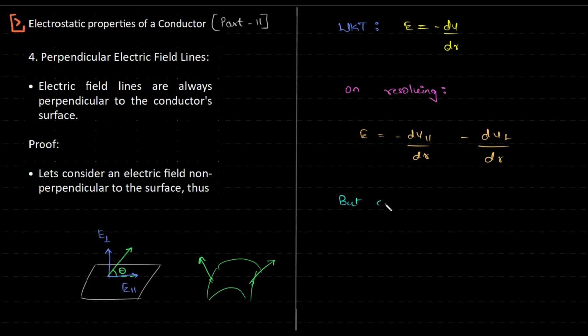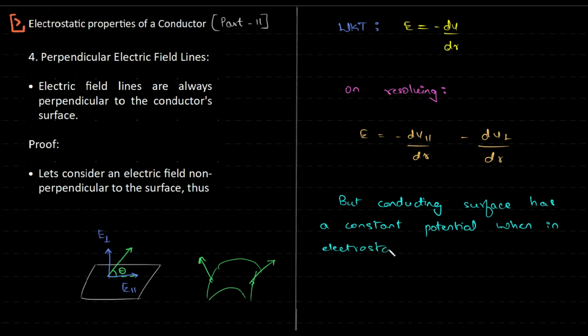But a conducting surface has a constant potential when at electrostatic equilibrium.